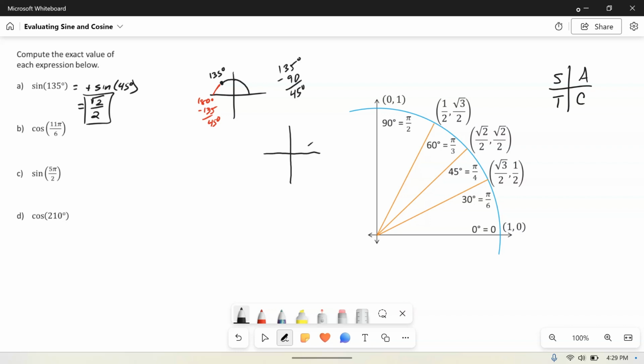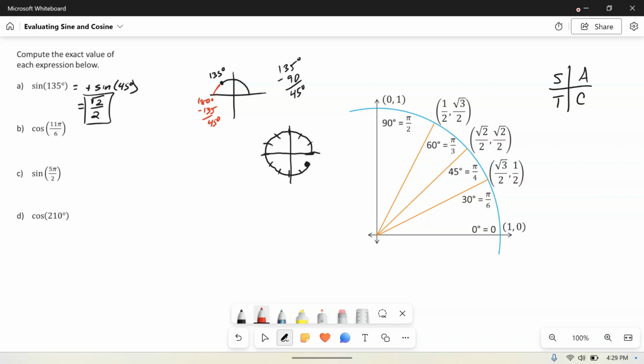So if we do that, 1, 2, 3, 4, 5, 6, and then 1, 2, 3, 4, 5, 6, and we want to count around 11 of them. So 1, 2, 3, 4, 5, 6, 7, 8, 9, 10, 11. So 11 pi over 6 is actually an angle in the fourth quadrant.